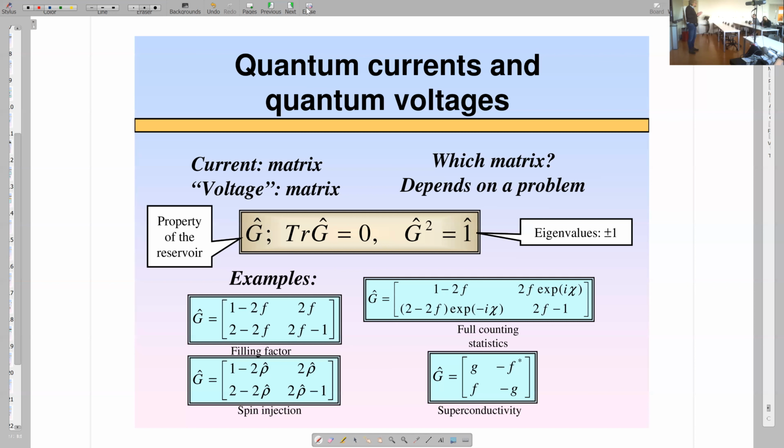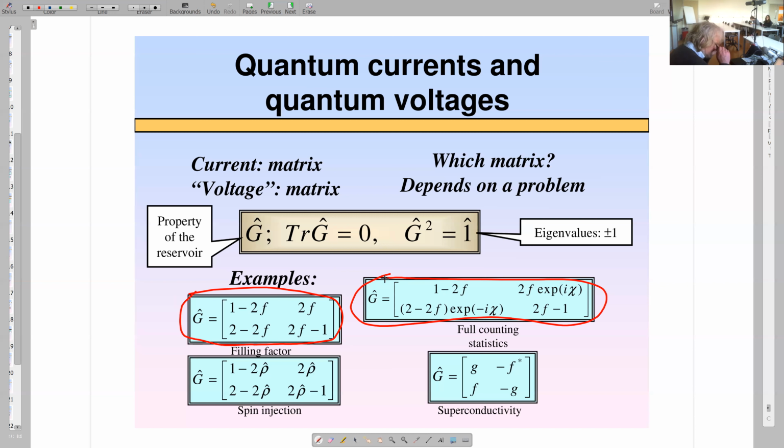The Landauer formula can be derived from this approach if one uses such a matrix where F are energy dependent filling factors. If we talk about statistics of electron transfer in quantum circuits, a minor modification of this matrix will allow us to describe this also.